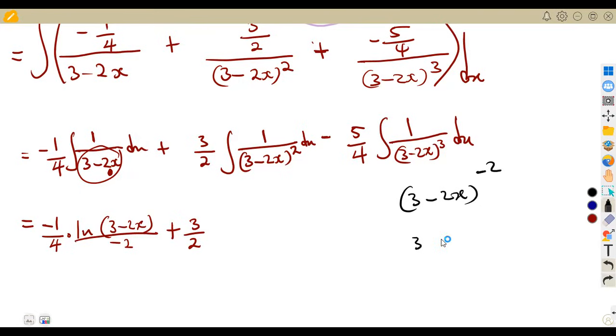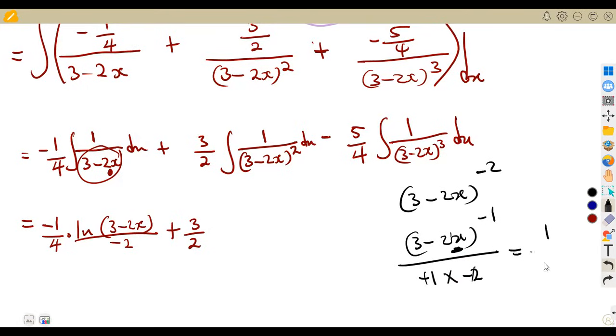So it's going to be 3 minus 2x to the exponent of negative 1 over the new exponent that we got, which is negative 1, times the derivative of what is inside for x, the part of ax. The derivative there is what? Negative 2. So meaning to say this is going to be negative, negative, which is a positive.